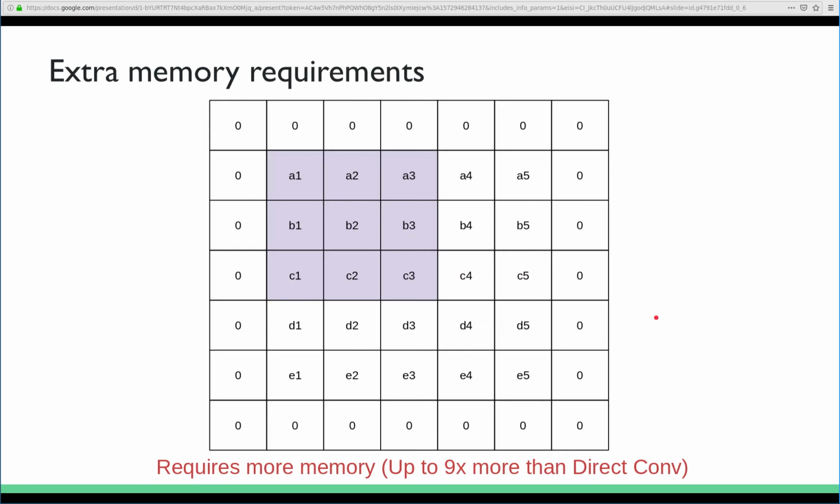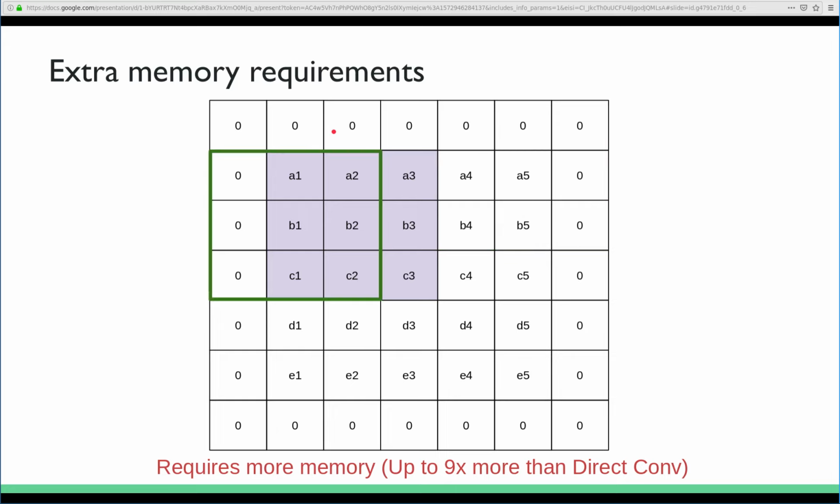But this approach requires much more memory. If we're replicating each of these squares as a column, then there's a lot of overlap. For example, if we've got padding of 1 pixel on each side, so we've got just zeros along the edge of the image here, and we've got a stride of 1, which basically means that we're moving our filter 1 pixel by 1 pixel over the image.